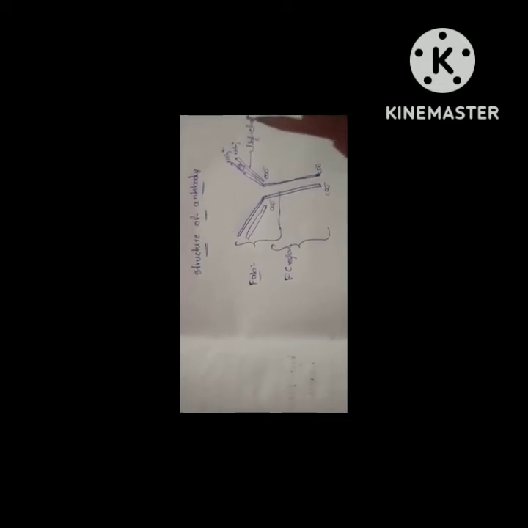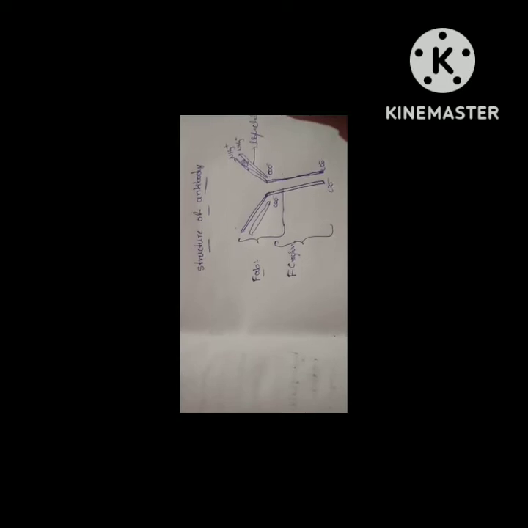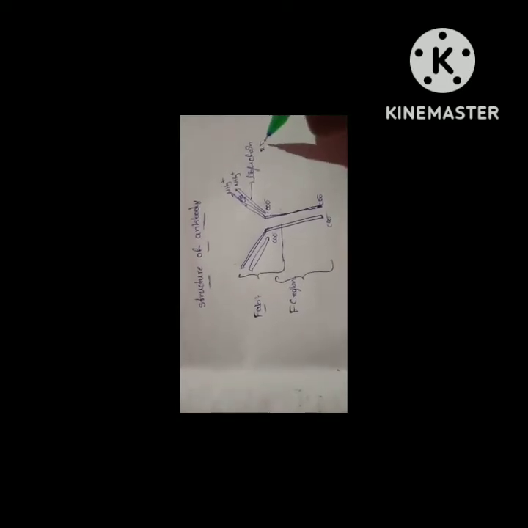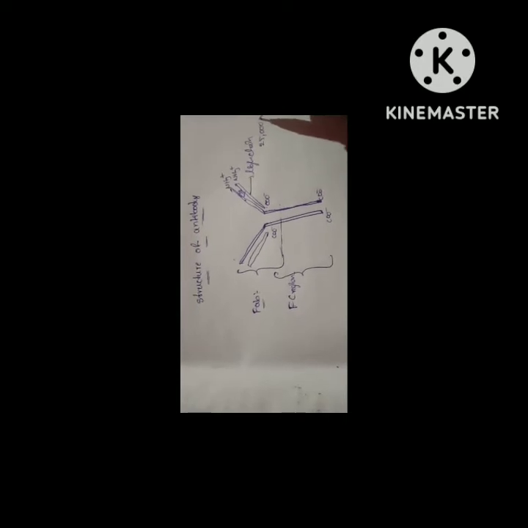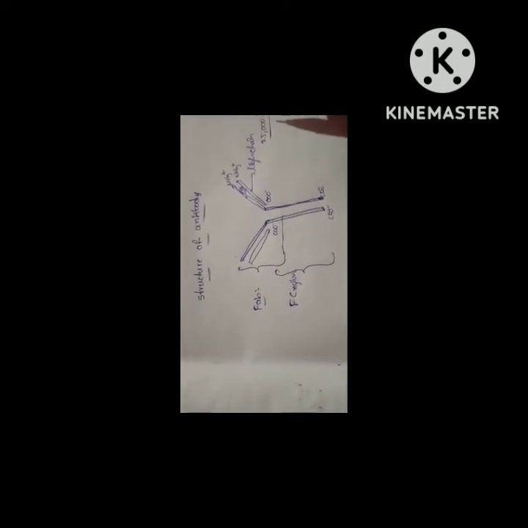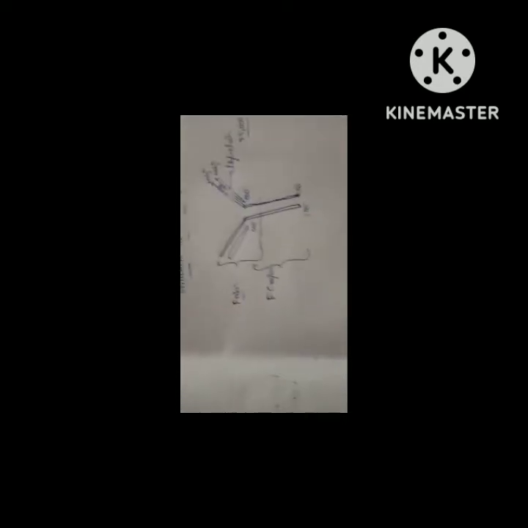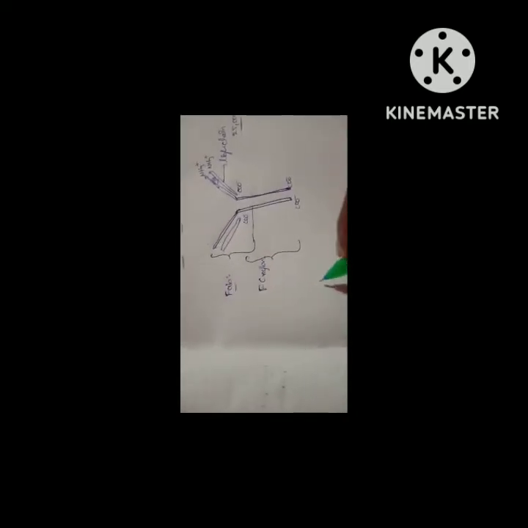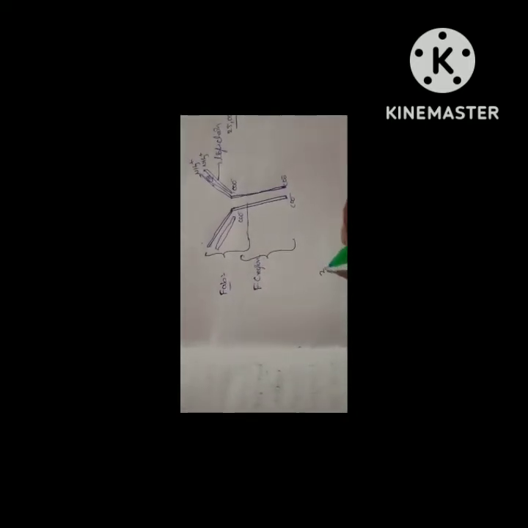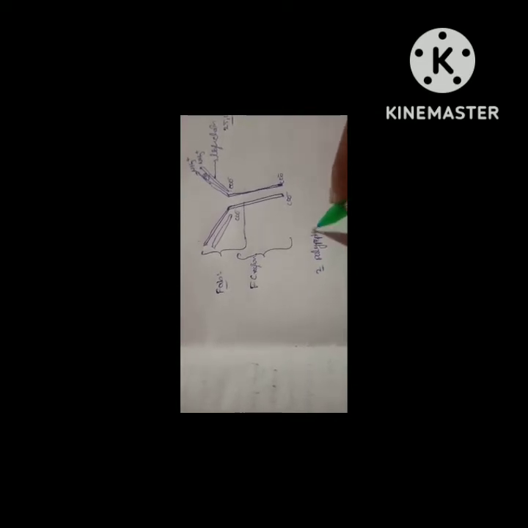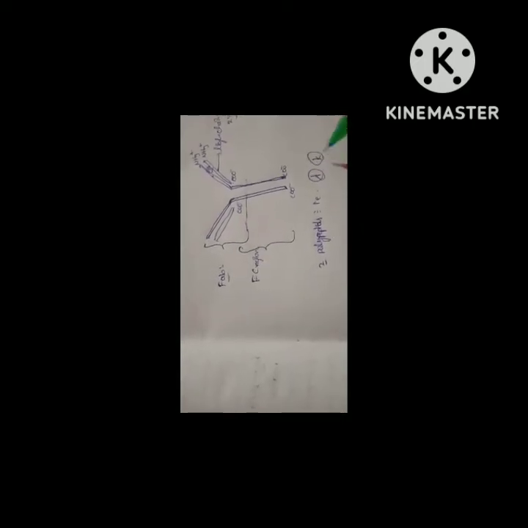The light chain is about 25,000 Daltons in molecular weight. The light chains are composed of two different polypeptides, one called lambda and the other called kappa.